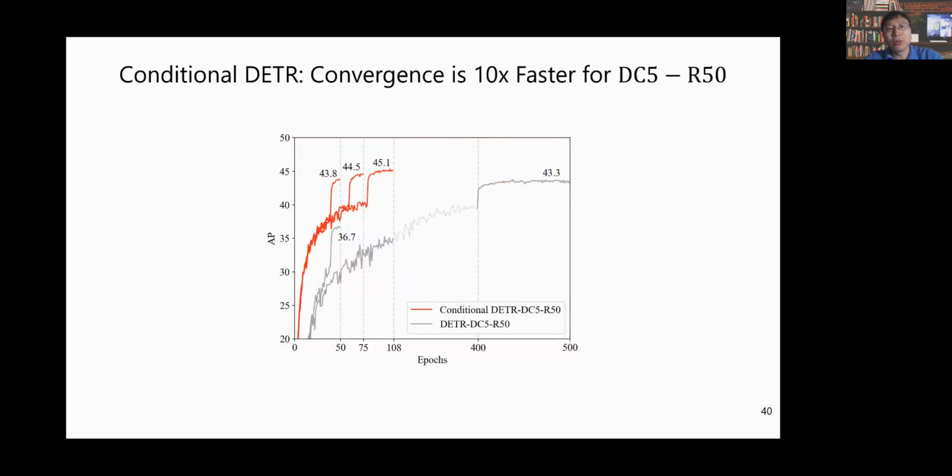In terms of the training process, the red curves correspond to our approach with different epochs. Within 50 epochs, our result is already slightly better than the initial DETR approach with 500 epochs. In this experiment, we use the ResNet backbone with dilated convolution.